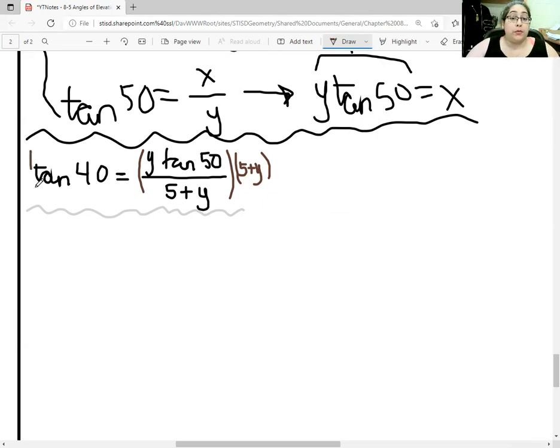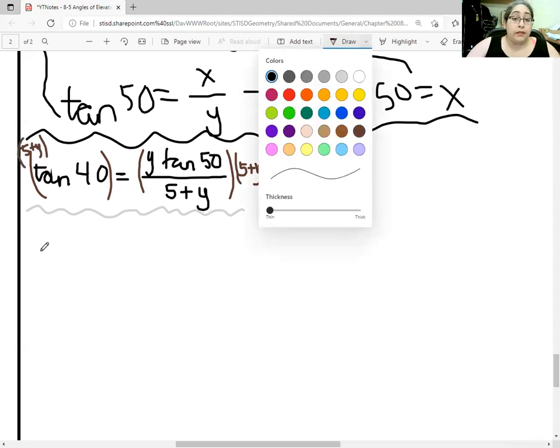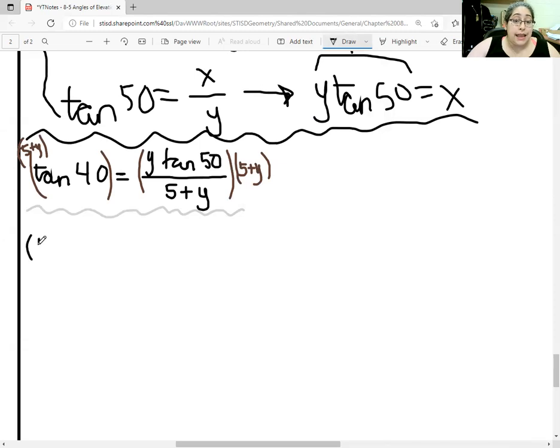What I do to one side, I'm going to do to the other side. And so now the left-hand side says, as a group, I have 5 plus y, and that group is being multiplied by the tangent of 40.